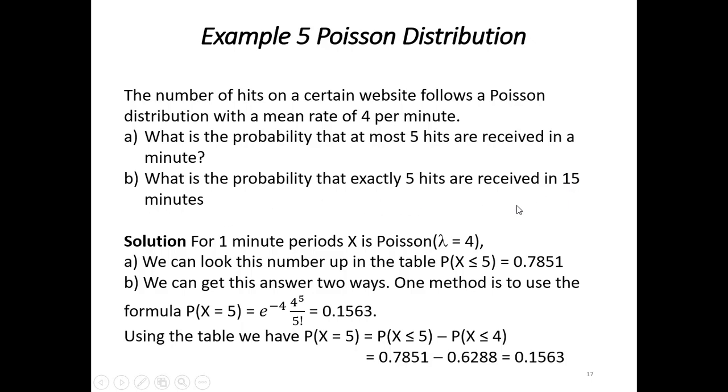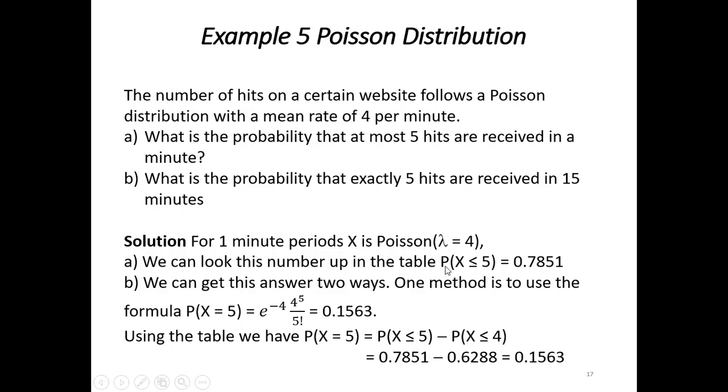All right, so let's go through this solution. We want to know the probability at most 5 hits are received in a minute. And we know that lambda is equal to 4. The website receives 4 hits per minute. So our random variable X is Poisson with lambda equals 4. The question we're asking is what's the probability at most 5 hits are received. So our x value is 5.